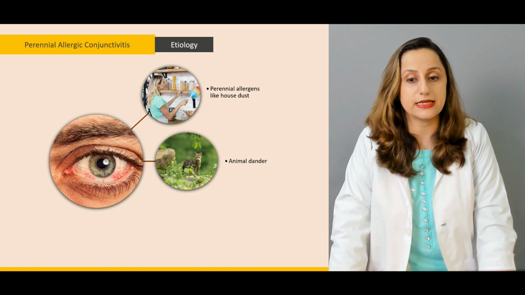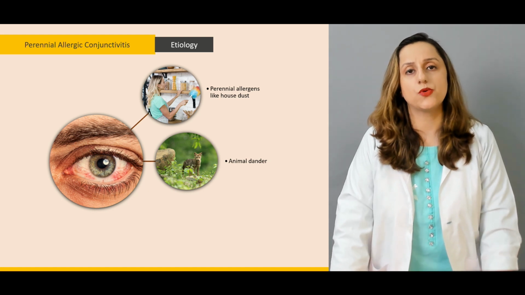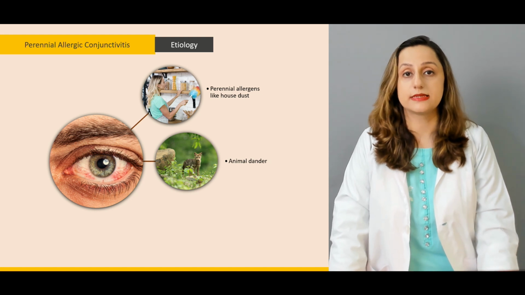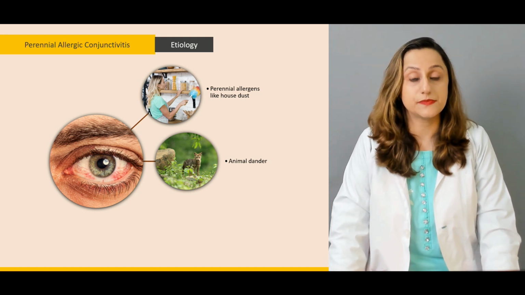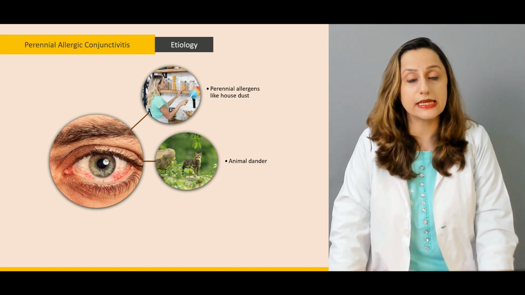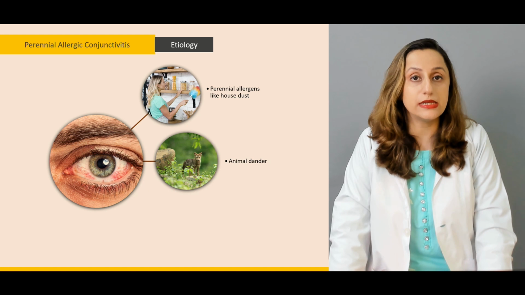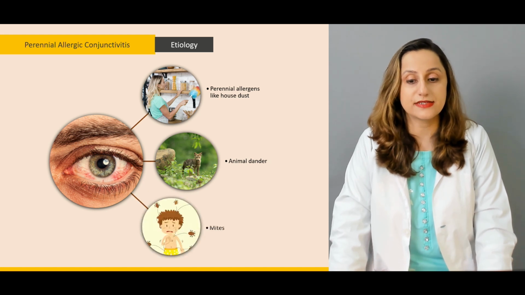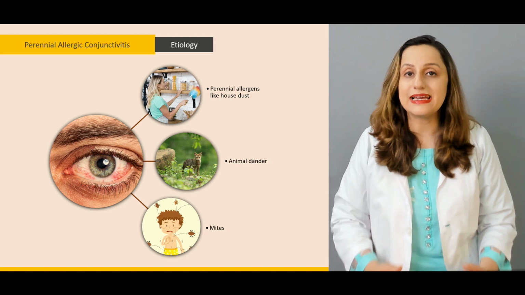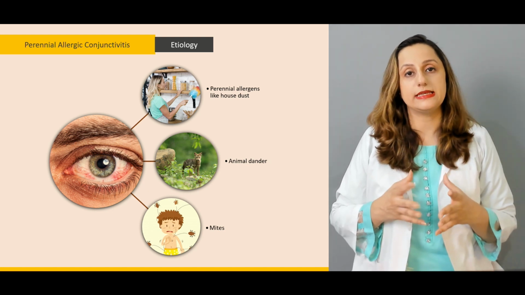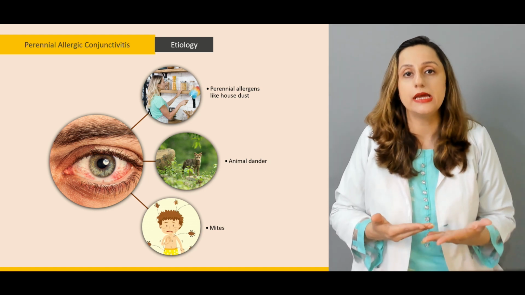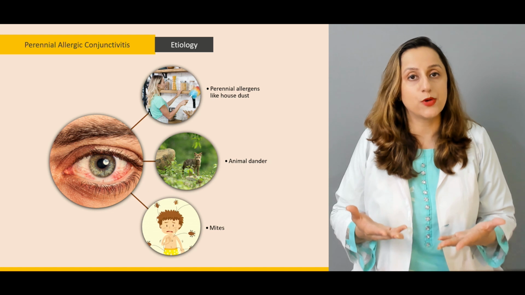Then animal dander, so there are a lot of pets and animals kept in the house, and they can sometimes trigger an allergic reaction, resulting in cases of perennial allergic conjunctivitis. Then obviously mites, bugs, lice, all of these can trigger allergic reactions in children who already have lowered immunity.